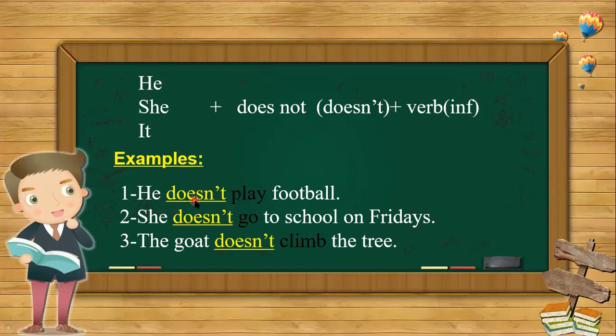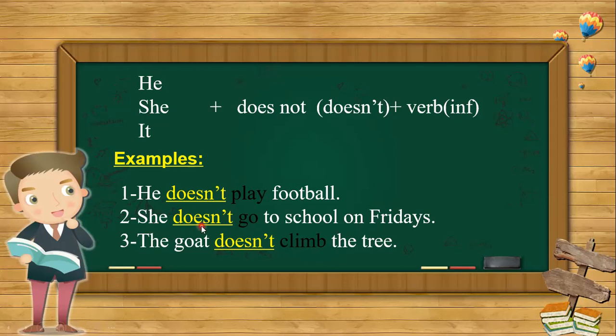When does or doesn't comes, it takes the S away. So I put the verb stem after doesn't because there is a doesn't here. I took away the S. So, he doesn't play football.